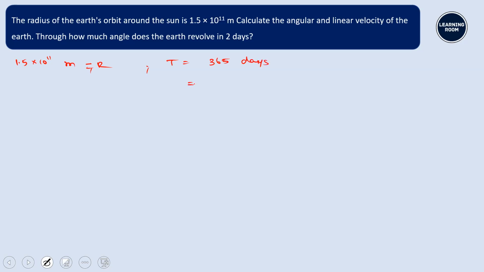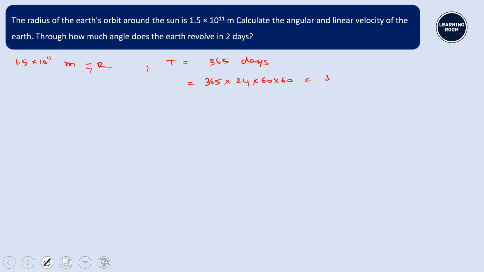Can you convert this 365 days to seconds? So 365 into 24 hours each day into 60 minutes into 60 seconds. 24 into 60 into 60 gives you 86,400 seconds.